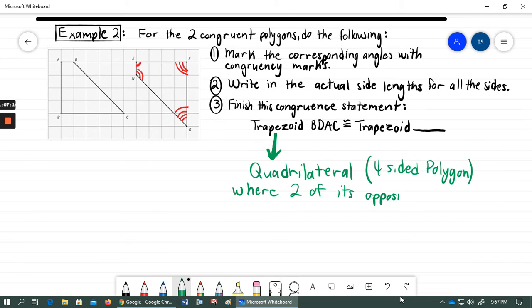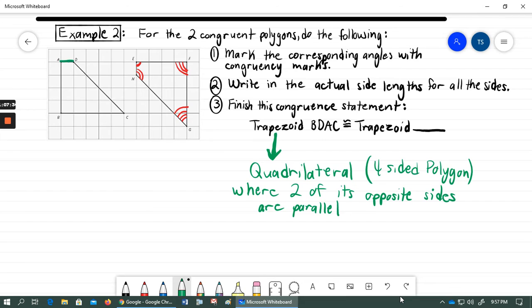Just in case somebody was wondering, okay, well, what in the world is a trapezoid? Yeah, okay, I got you covered. Where two of its opposite sides are parallel. That right there is what a trapezoid is, if anybody was wondering.